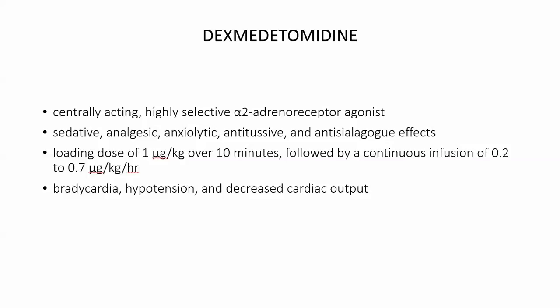For an awake intubation, 1 microgram per kilogram loading dose over 10 minutes is followed by a continuous infusion of 0.2 to 0.7 micrograms per kilogram per hour. Central alpha-2 mediated sympatholysis can cause bradycardia, hypotension, and decreased cardiac output with dexmedetomidine.